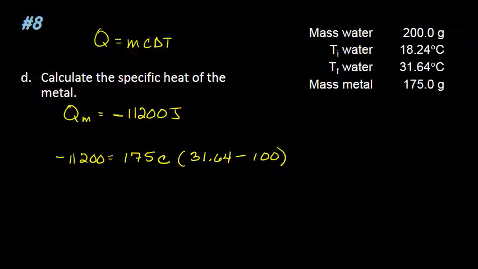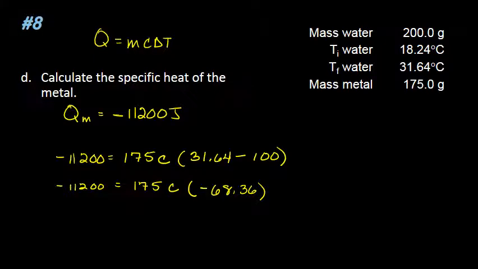So we end up with negative 11200 equals 175 C times negative 68.36. Now we want to combine like terms.